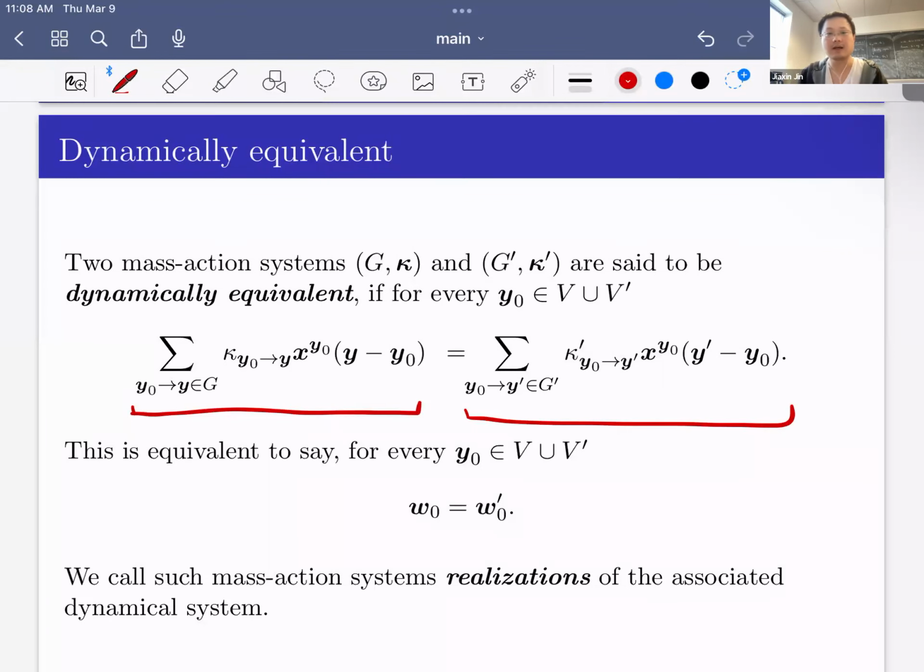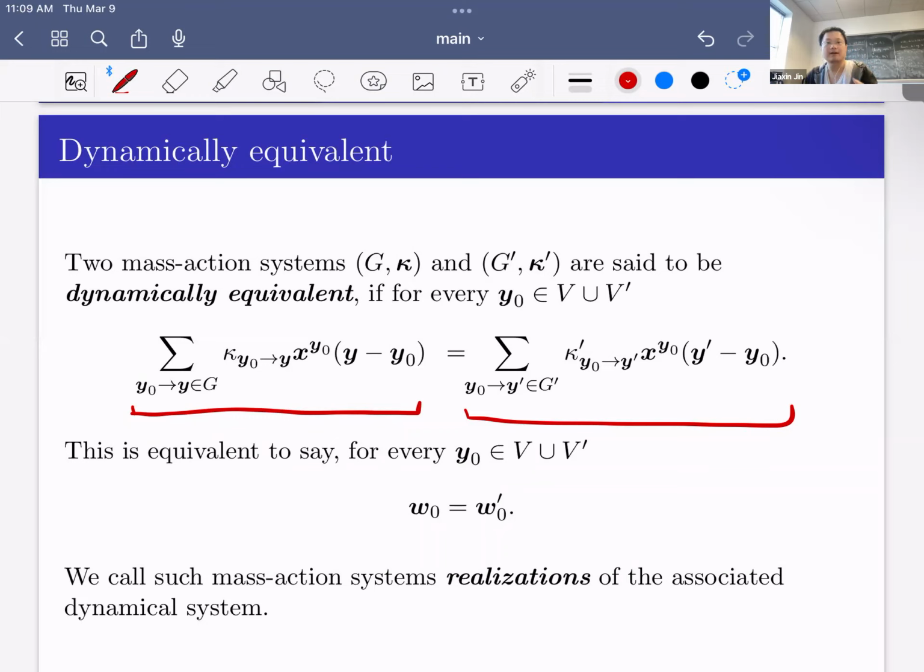You can see both red underlined terms are the part of the right-hand side of the mass action systems related with the vertex y0. If you have the same left equals right on all vertices, that tells you the two systems have the same right-hand side. Therefore, it is very intuitive to say they are dynamically equivalent.